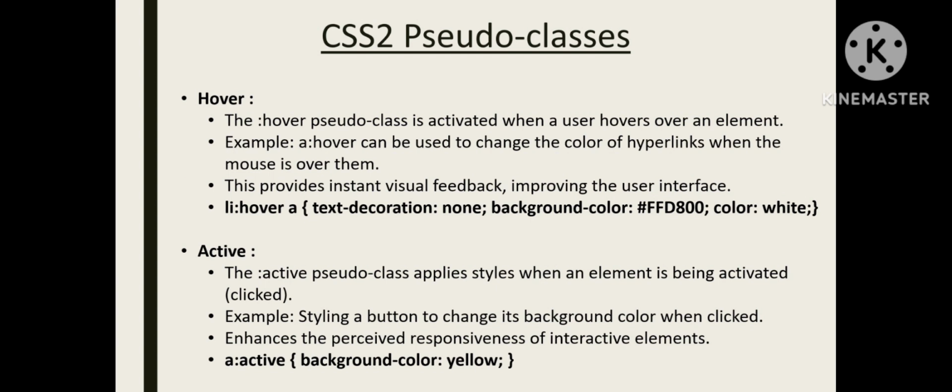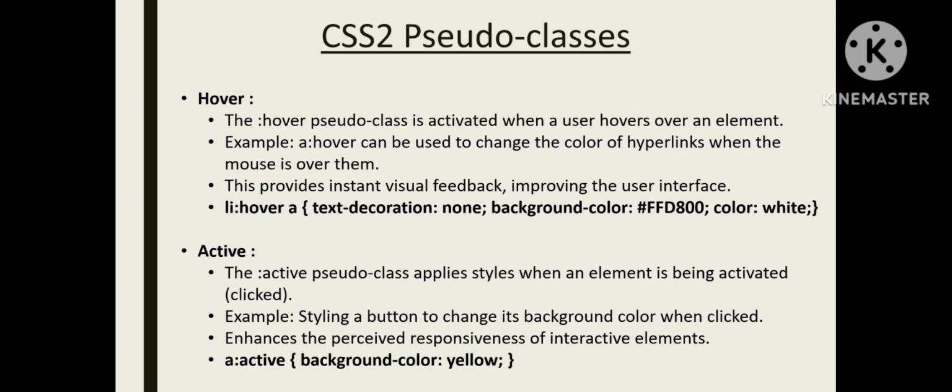I have given an example, li, then I have added the hover class over it, and then I have used the anchor tag. It means whenever a user hovers over that list tag, then apply the following properties to the anchor tag of that li tag.